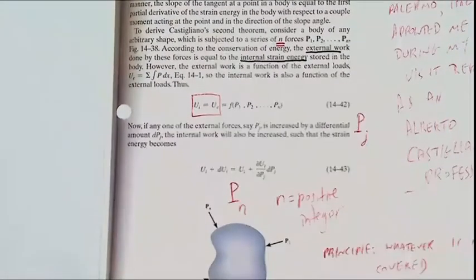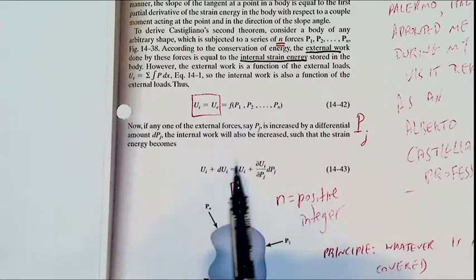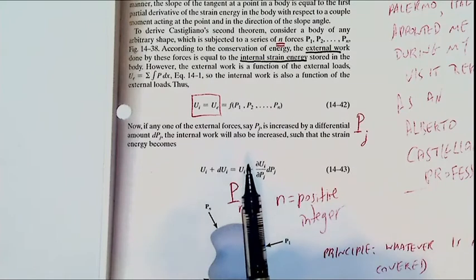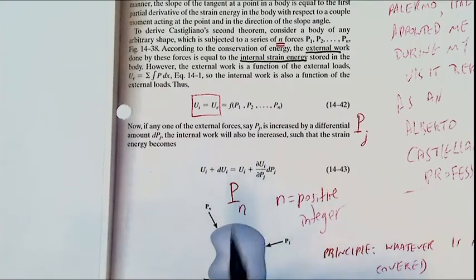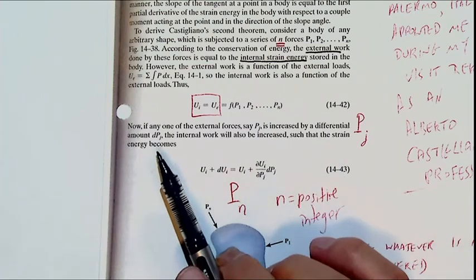Okay, then now if any one of the external forces, say P sub j, only P sub j, so j is fixed. Let us say if I have 79 forces, then j may be 59. So force 59 is increased by a differential amount dP sub j.